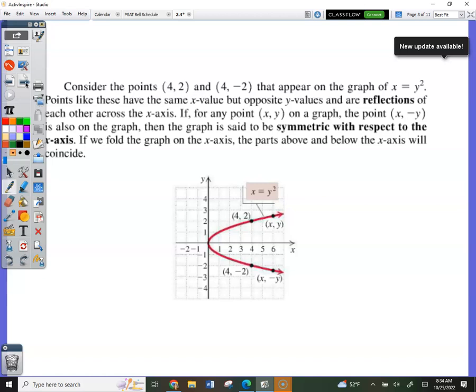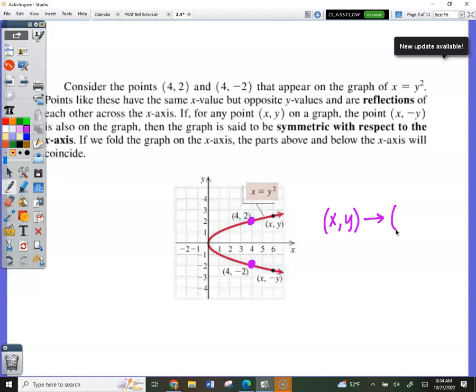So consider the points (4, 2) and (4, -2). Points like these have the same x value but opposite y values, and that's because it's a reflection over the x-axis. If you think back to geometry, if I said, what is the rule to reflect this image over the x-axis, you were supposed to say, okay, if it's reflecting over the x-axis, the image is going down or up.